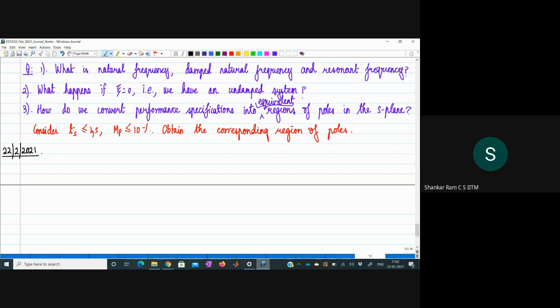So today we will look at the closed loop system per se.